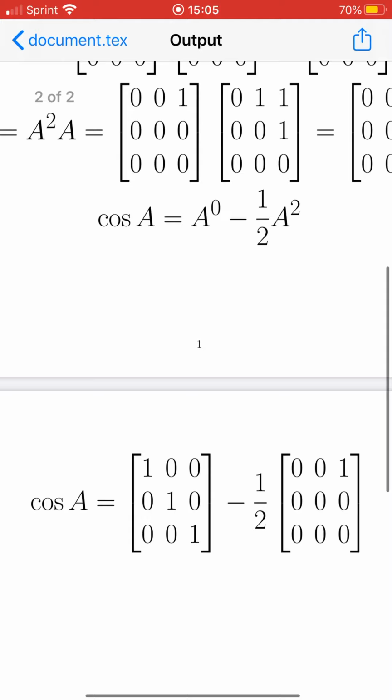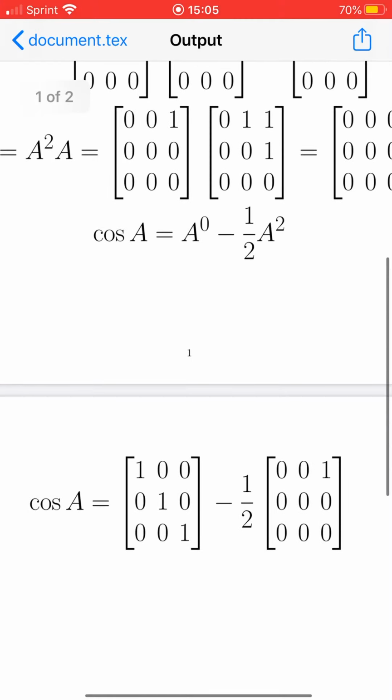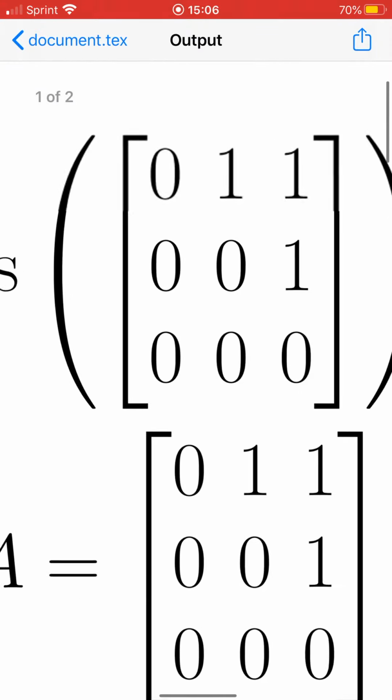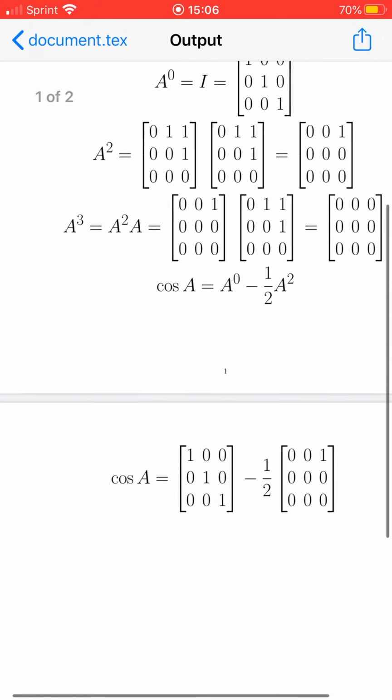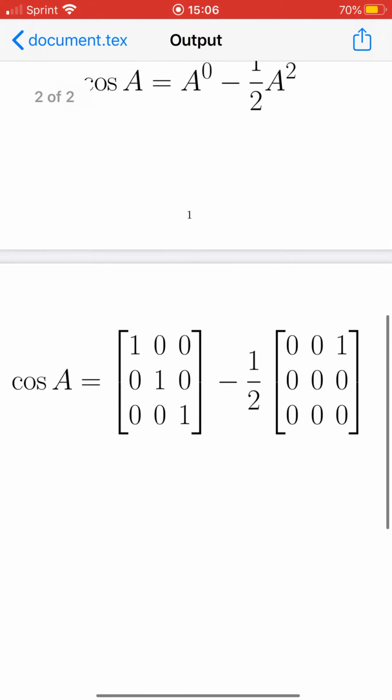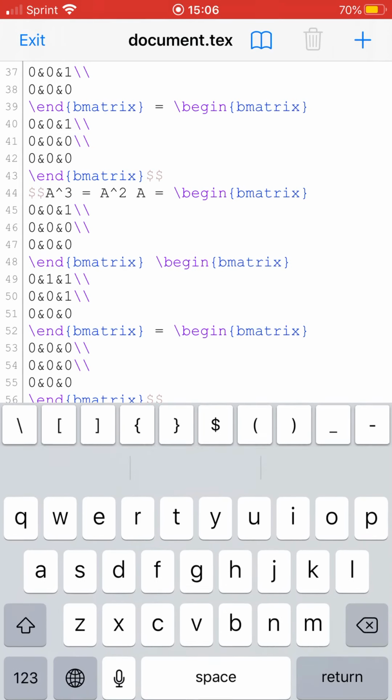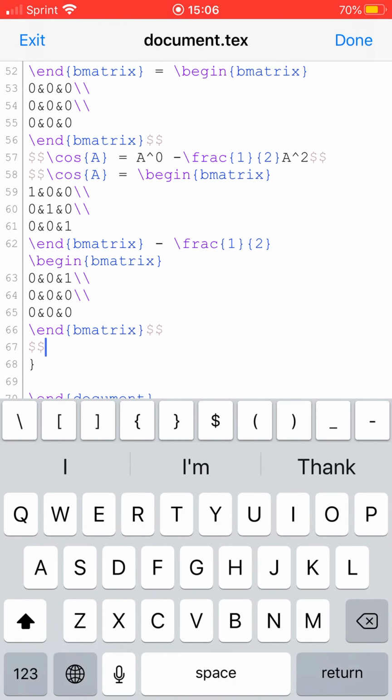And then we just need to plug those things in, and then we get cosine of this matrix A. Cosine of A is equal to the identity minus 1/2 times this matrix 0, 0, 1, 0, 0, 0, 0, 0, 0. And then after doing the simple matrix subtraction, subtracting is basically adding the negative of something, we get our final answer for the cosine of A.